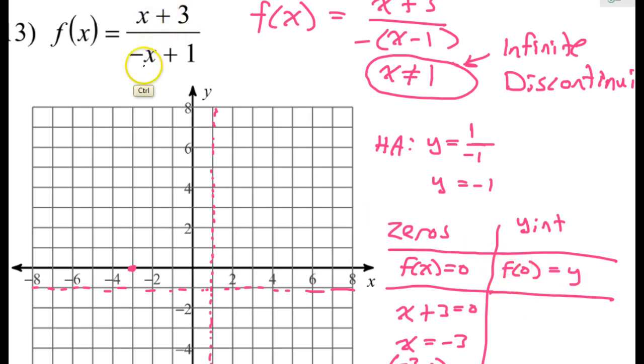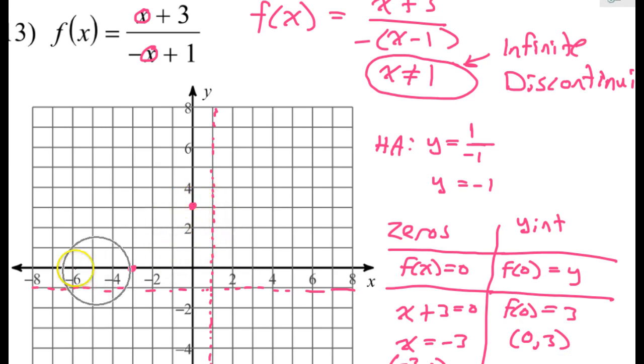So if I plug in 0 for x, imagine I put a 0 here and a 0 here. Well, those terms are gone. That's just going to leave 3 over 1, or in other words, 3. So f at 0 is equal to 3. In other words, the y-intercept is 0, 3. So this is the y-intercept right here.